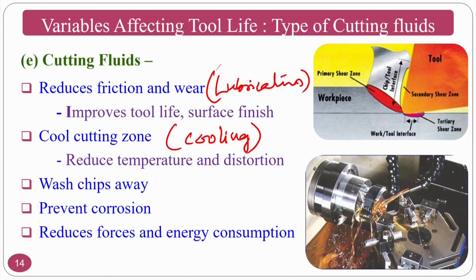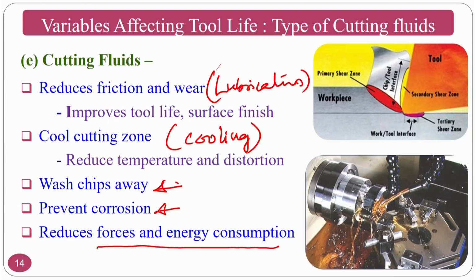Wash away chips, because there should not be any entanglement or sticking to the surface. Normally this comes up in terms of drilling operations. Prevent corrosion: in order to prevent corrosion, the cutting fluid will have corrosion inhibitors and all those things that will help. Reduces the forces and energy consumption. Normally lubrication helps from the point of reducing the forces.